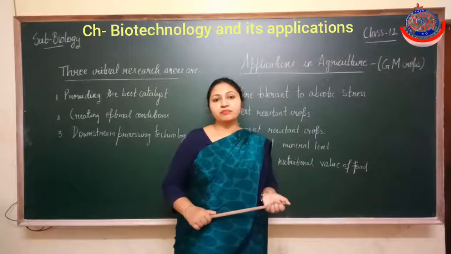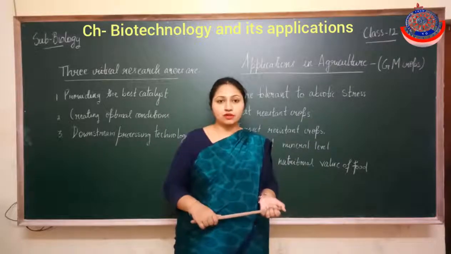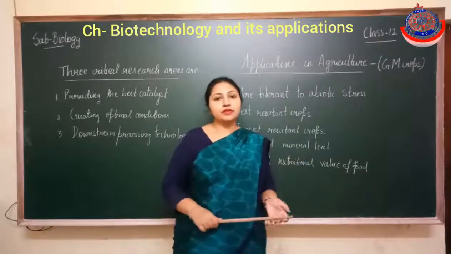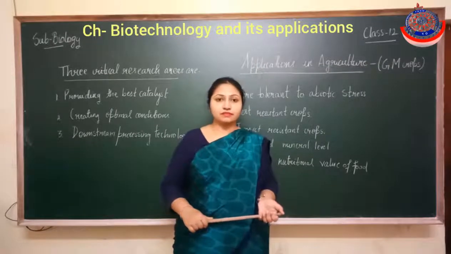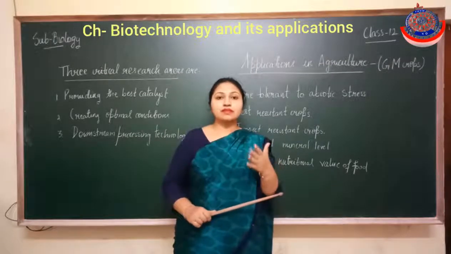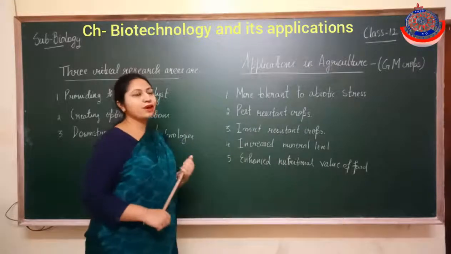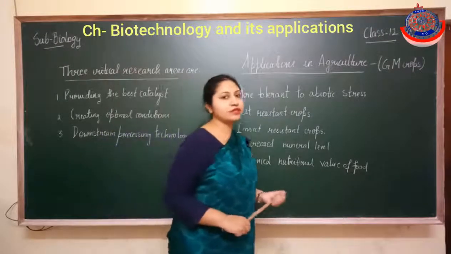They are also very helpful in increasing the food production. Out of these, if we compare, then genetically modified crops are the best method to increase the crop yield. Now next we will discuss the applications of genetically modified crops in agriculture.